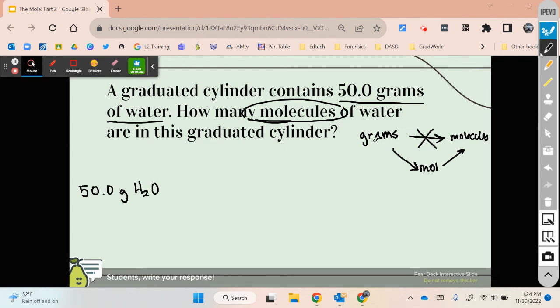My first step is going from grams to moles. So if I'm going from grams to moles, I know that 1 should always go with moles. The number that goes down here is the molar mass of water. So we're going to add that up. H2O is just 2 elements, hydrogen, and there's 2 of them, and 1 oxygen.